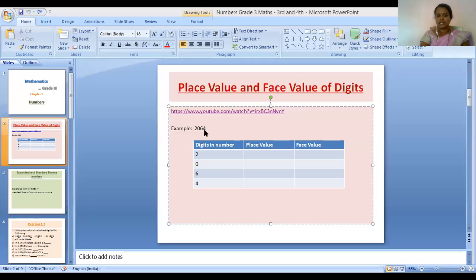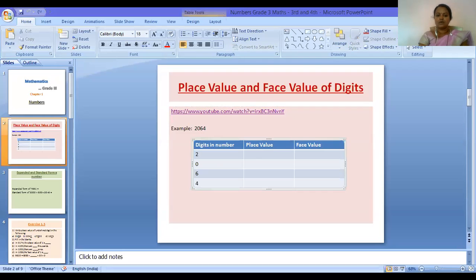Here you can see an example, 2064. If I want to write the place value of it, 2 is in the thousands place, so you represent it as 2000. The face value remains the same digit itself. 0 is in the hundreds place, so the place value of it, 0 into 100, remains 0.